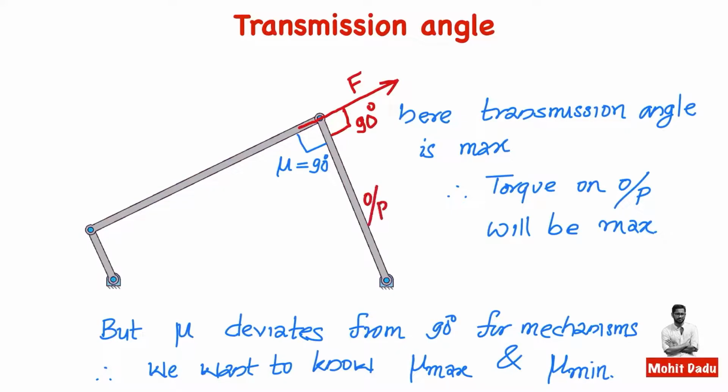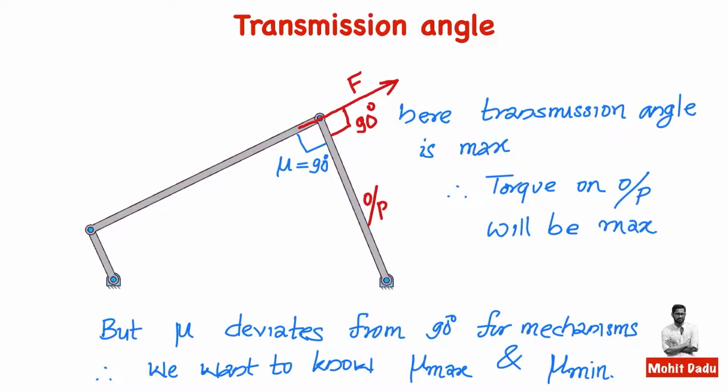This is the output link, so the torque acting on the output link will be maximum. This is the importance of the transmission angle. So we usually prefer to make the transmission angle closer to 90 degrees, so that the output torque obtained is maximum. But usually in mechanisms this mu value will vary, so you have to evaluate the maximum and minimum values of this transmission angle. Is it close to 90 degrees?